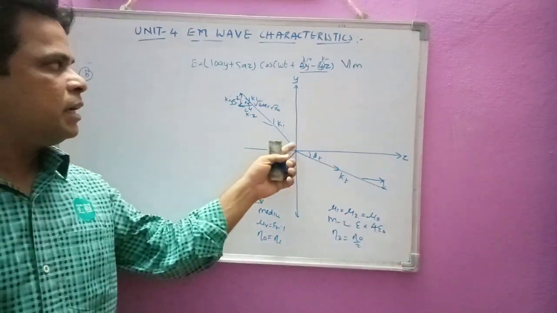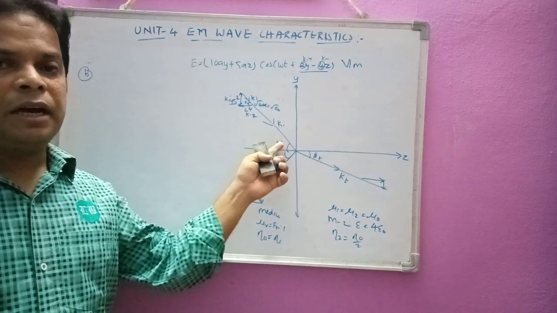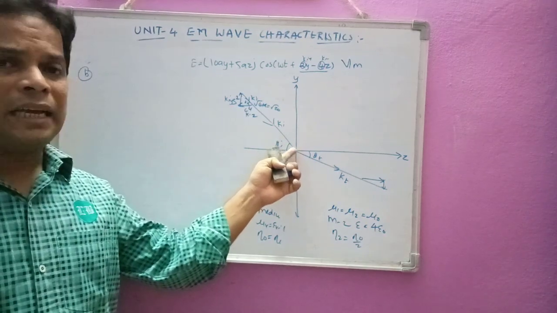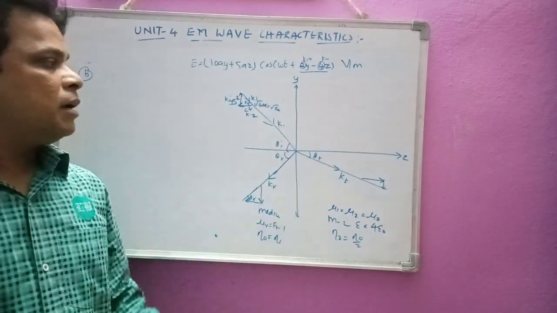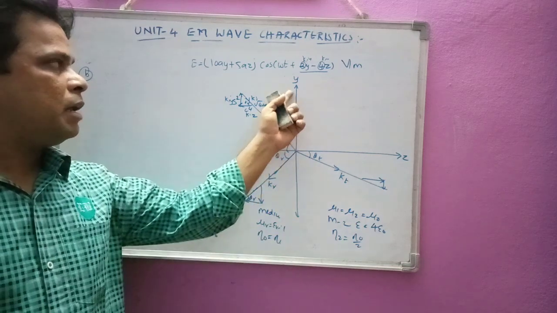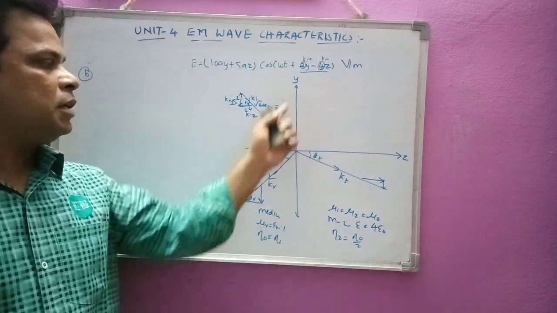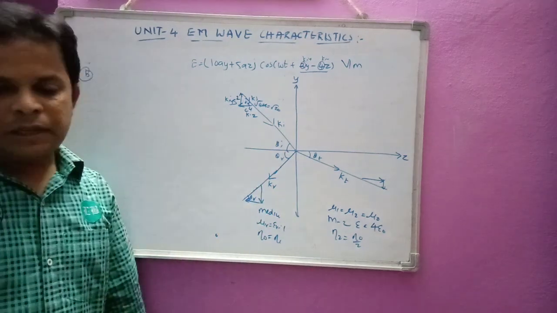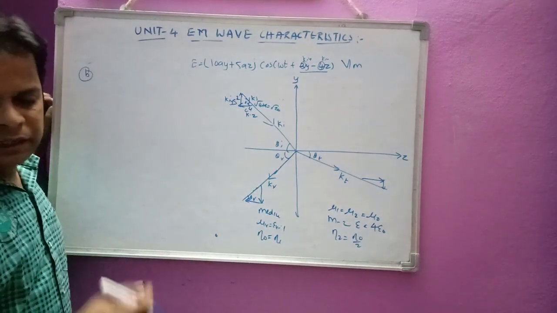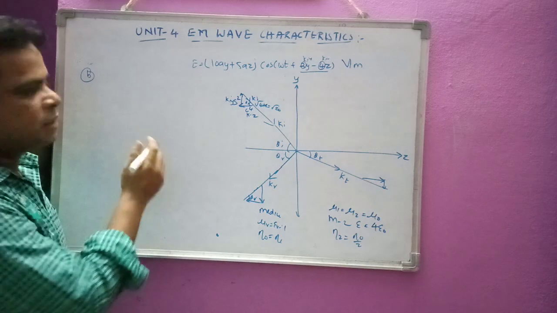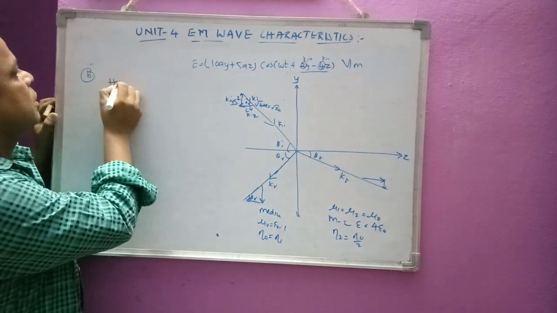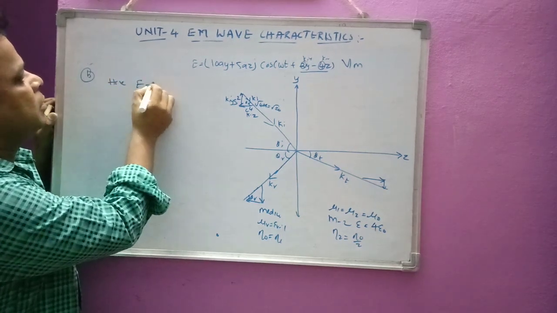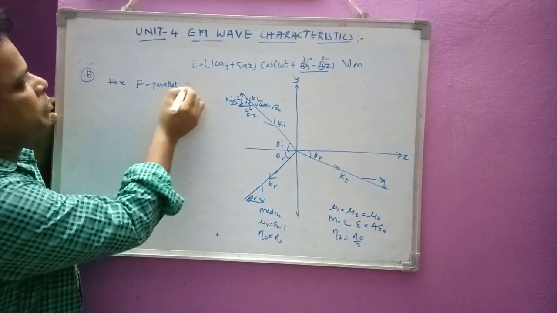We have seen this case in the earlier lecture, parallel propagation. So here it is parallel polarization, that is E is parallel to the plane of incidence.